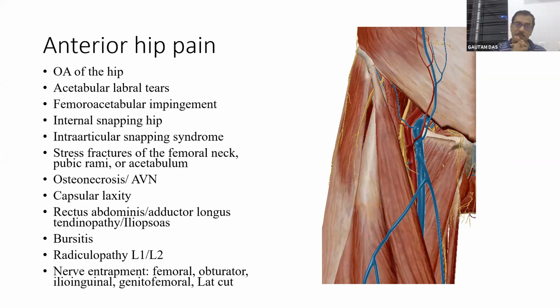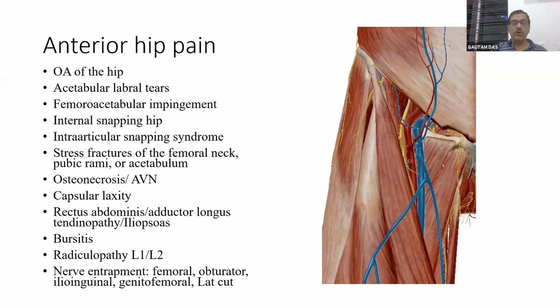So snapping hip syndrome is also one of the important causes. The external snapping hip causes lateral hip pain, and the internal snapping hip or the intra-articular snapping hip causes anterior hip pain. Then there is stress fracture, osteonecrosis or avascular necrosis, and other kinds of bursitis.